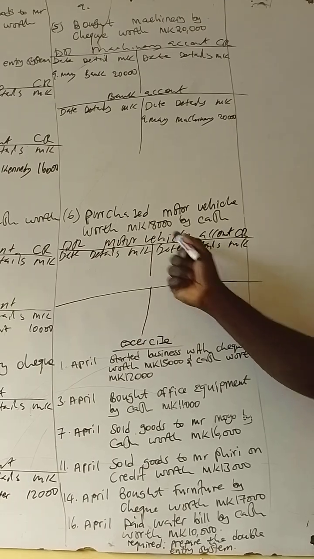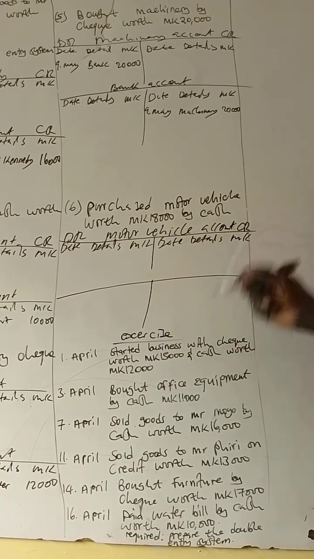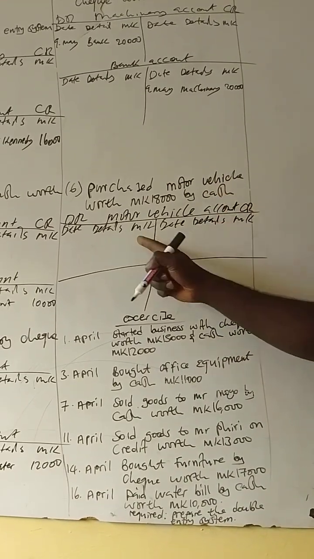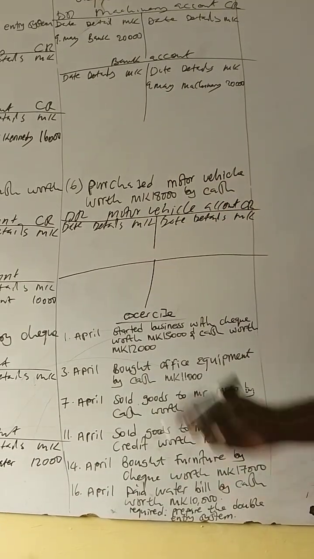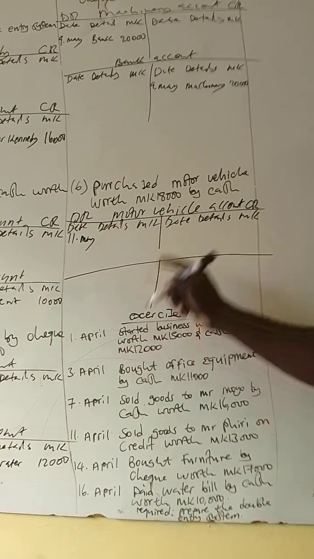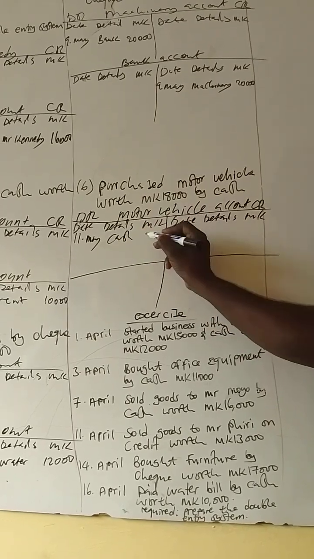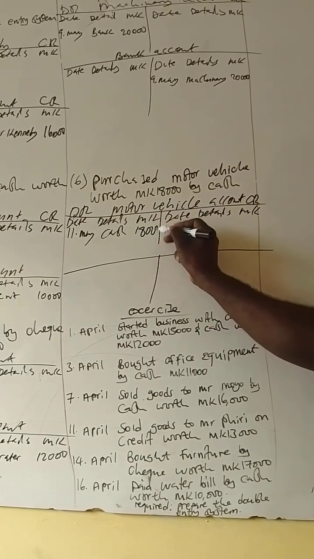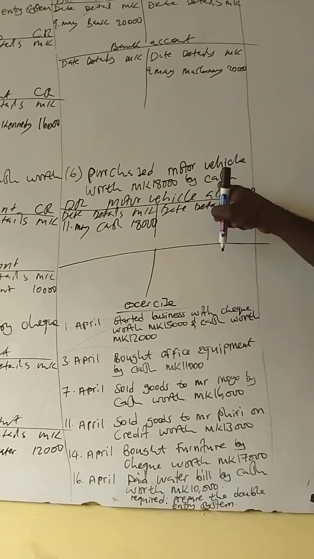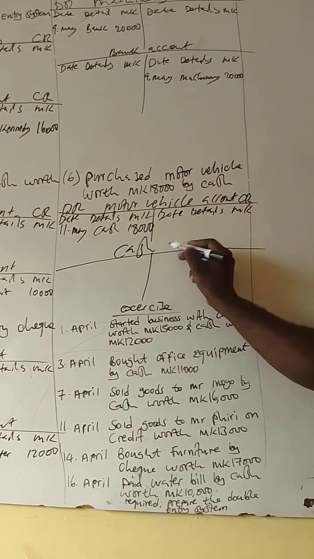Debit. Why are we debiting this? Because the motor vehicle has received cash. That's why we need to debit this account. For example, on 11 May, cash, 18,000. But because cash has given away, you now come up with the cash account.